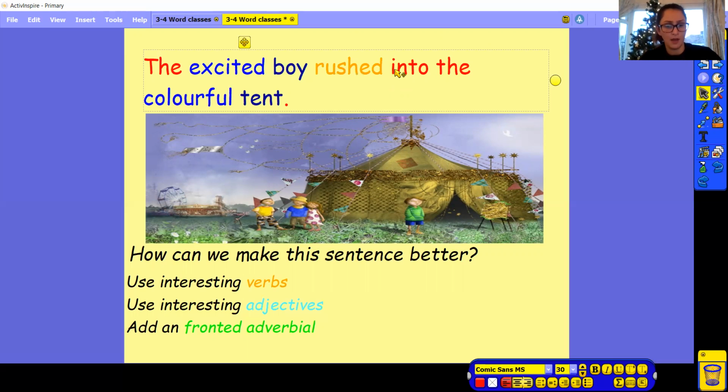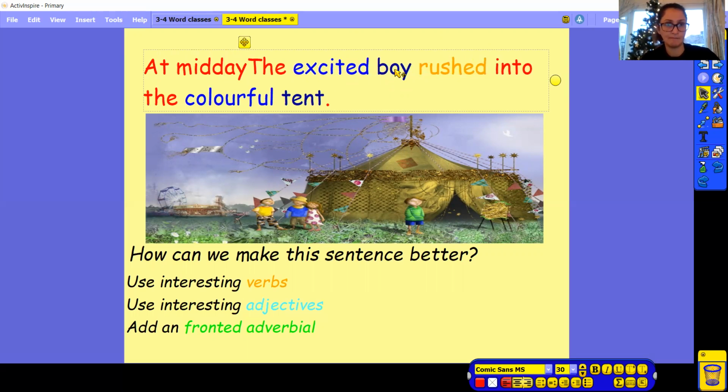So at midday, the excited boy rushed into the colourful tent. Now, because I've added a fronted adverbial, I'm going to have to change the rest of the sentence. So remember, I can't have a capital letter here, so this needs to change into a lowercase. At midday, the excited boy rushed into the colourful tent.